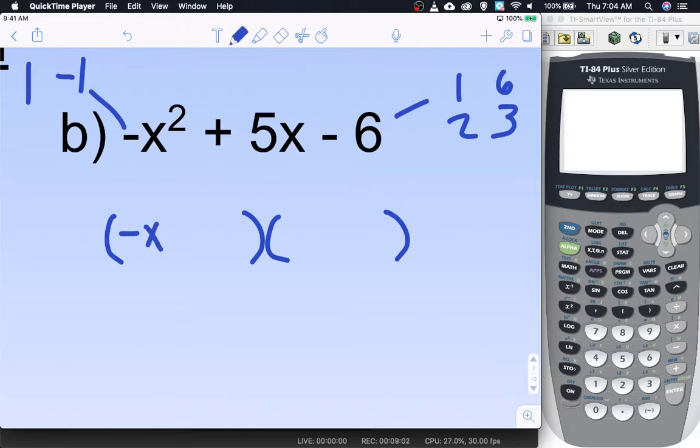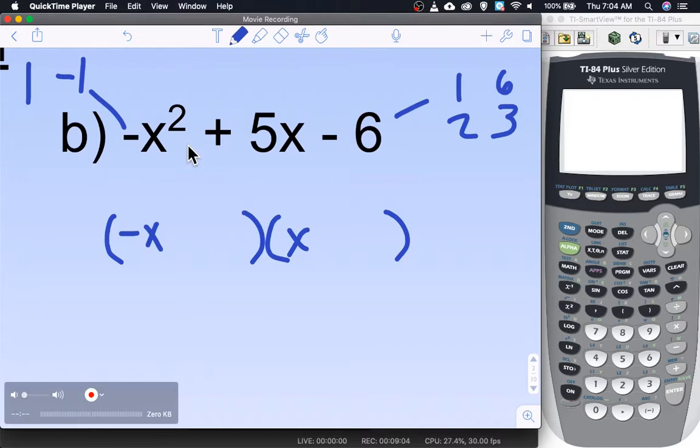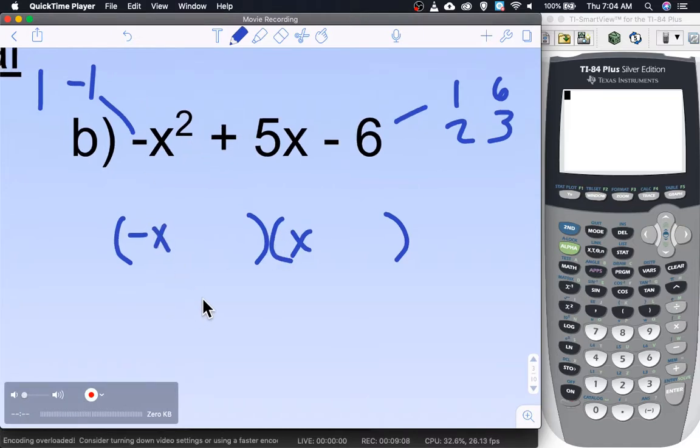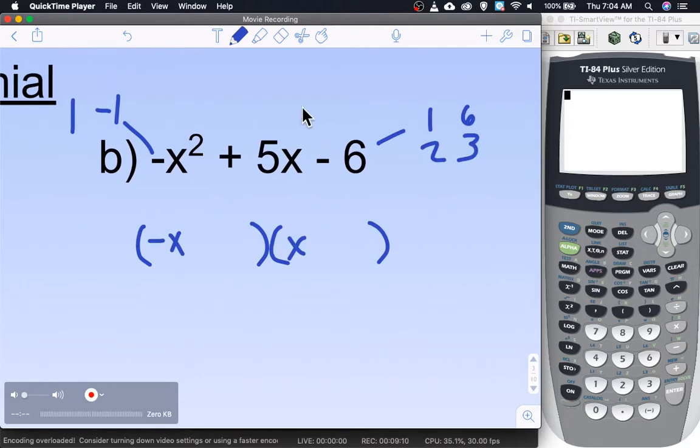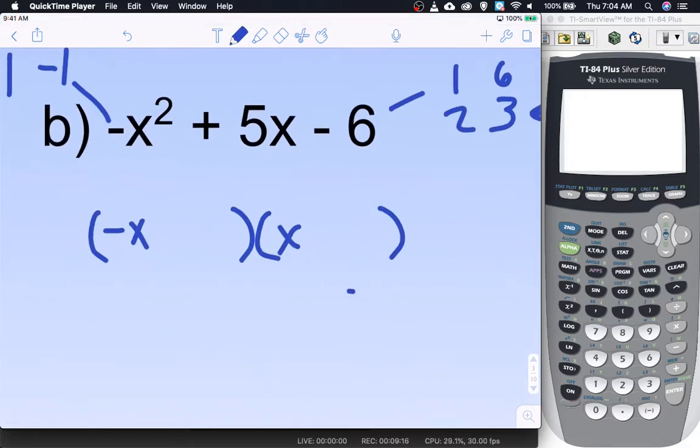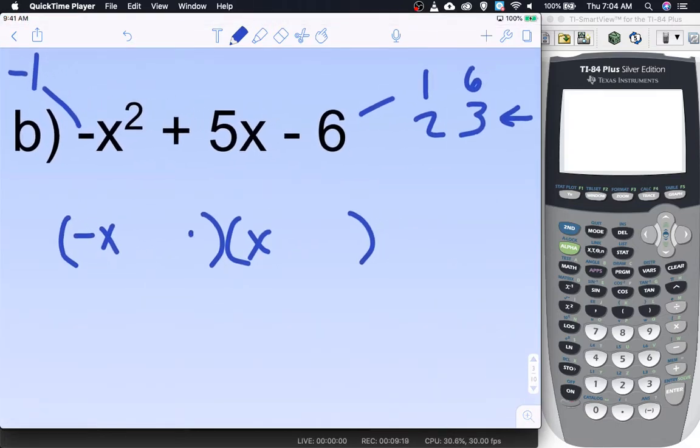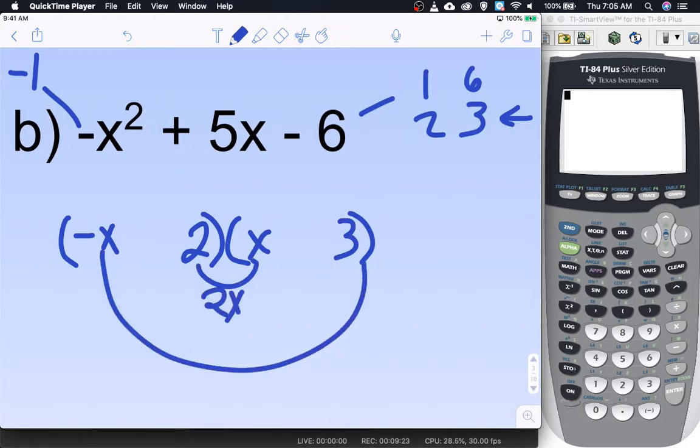Negative x times x. There's my negative 1, there's my positive 1. If I was trying these, to do this, I would try the two numbers that are closer together first. And so let's just go through. So 2 and 3, that's a 2x, that's a 3x.